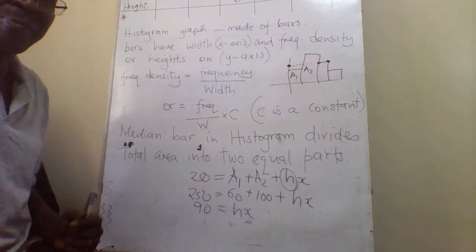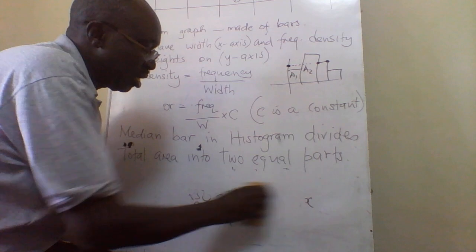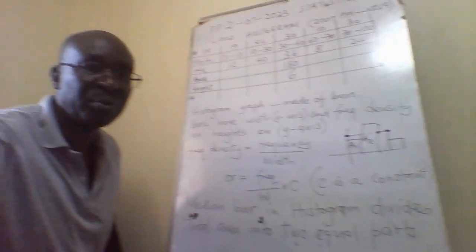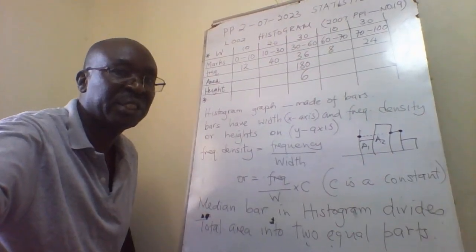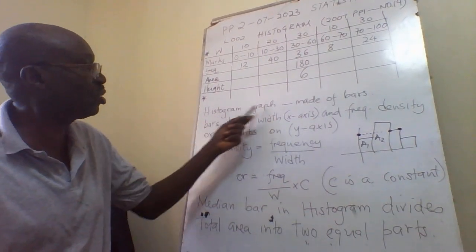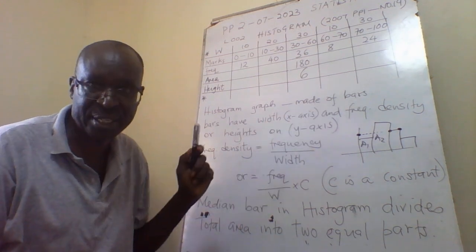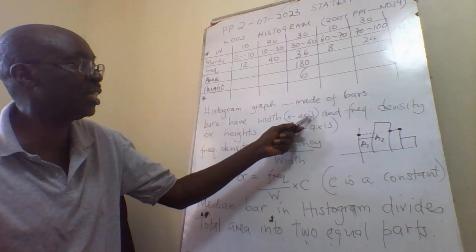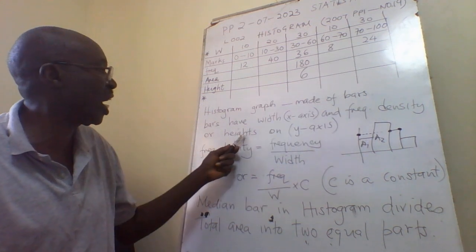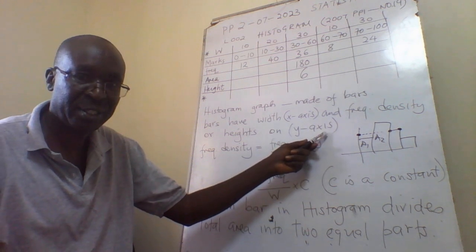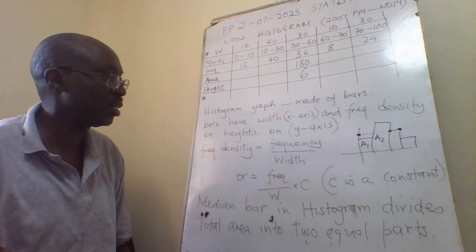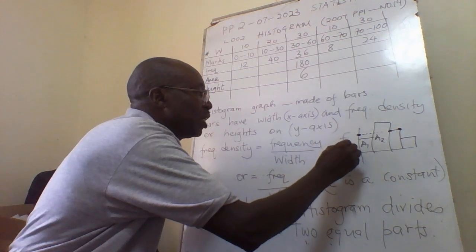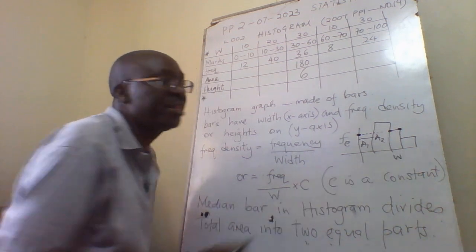Okay? So basically today I've gone through this. I want us to repeat. A histogram is made up of bars. Bars have width on the x-axis and the frequency density, or height, on the y-axis. So we are talking of frequency density against width.